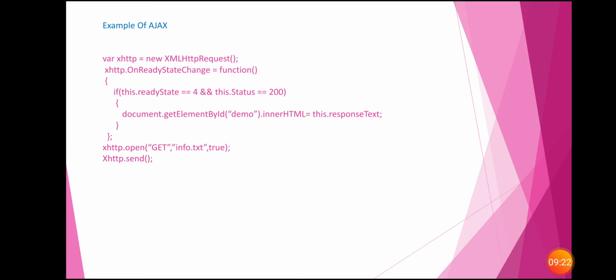First, we initialize the object and store it into the xhttp variable, and whenever the readyState property is equal to 4 and status is equal to 200, then we manipulate the innerHTML of the ID demo and initialize the response coming back from the server. And last we send the xhttp object with send. This is the complete example for Ajax.